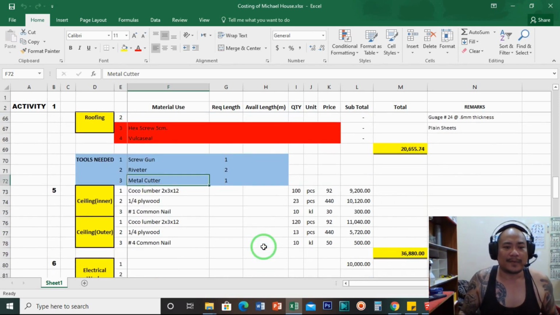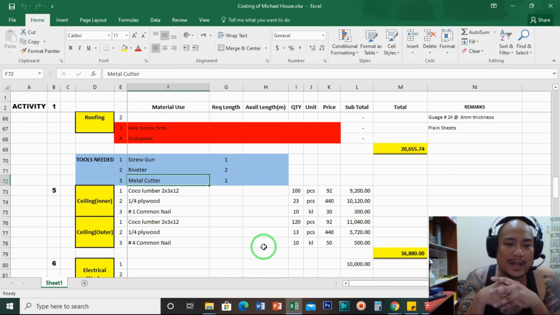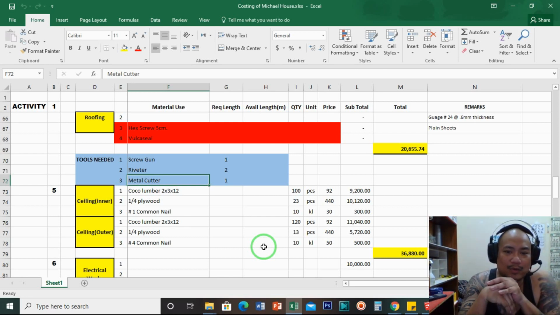So that's all. The next activity is ceiling, inner and outer. What we need is 2x3 by 12 coco lumber, 100 pieces. 1/4 plywood, 22 pieces.